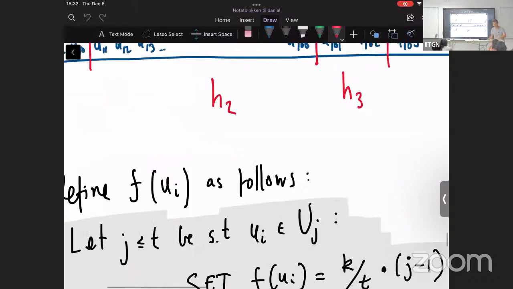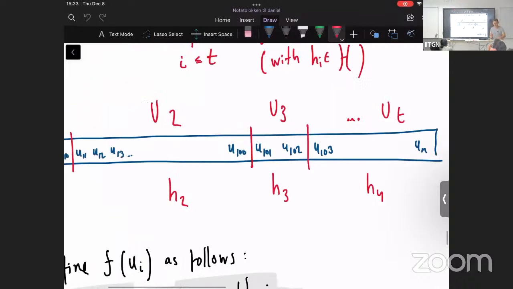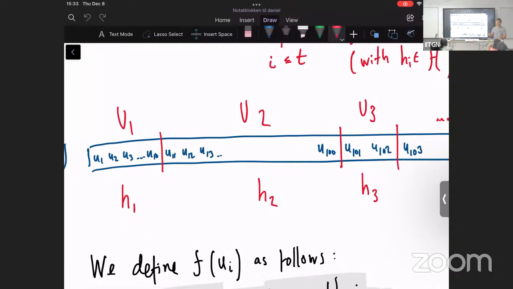Which is now formally handled by saying that f of u_i is k over t times j minus 1 plus h_j of u_i. Don't look at the formula. If you are in the jth part, then you are using the jth set of k over t colors.